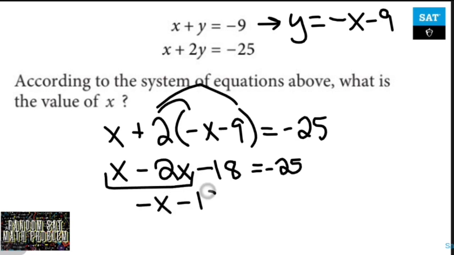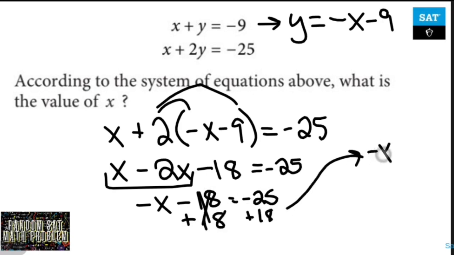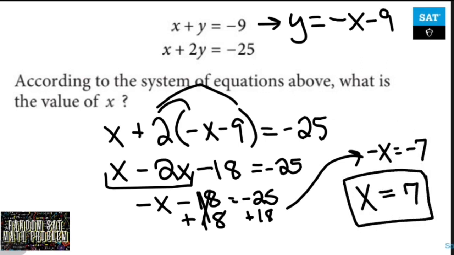So I have negative x minus 18 equals negative 25. I'm going to add 18 to both sides. Negative x is going to equal negative 7. If negative x equals negative 7, then positive x equals positive 7. And that's all I have to do here.